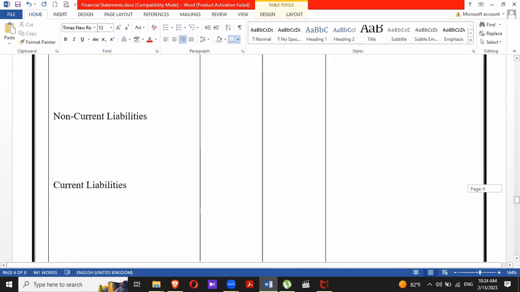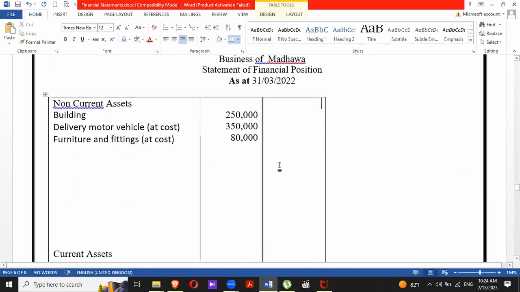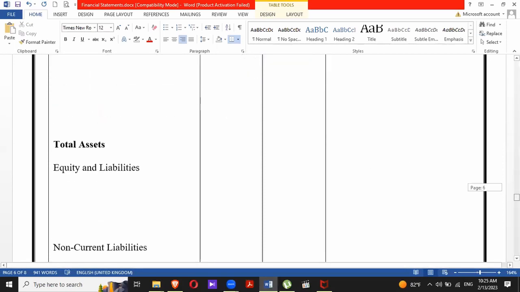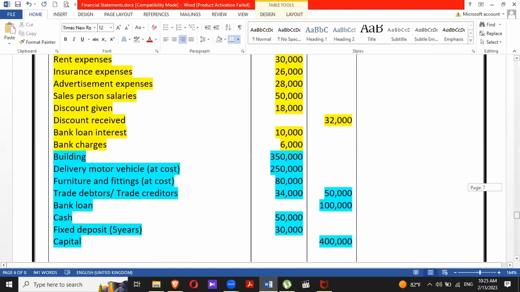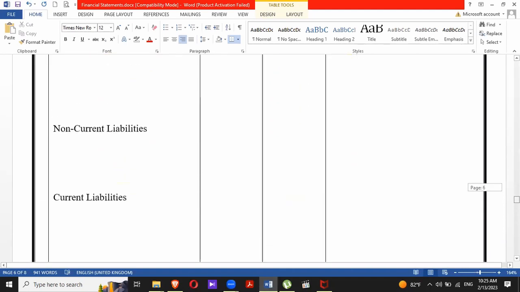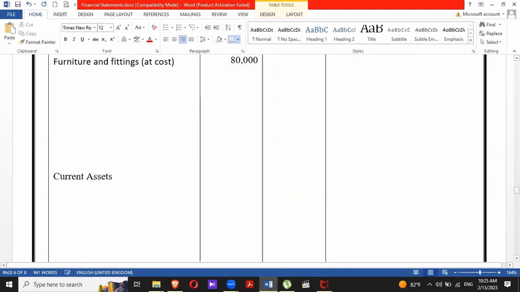Sorry, building value 350, delivery motor vehicle value 250, right? Next one. Trade debtors and creditors. Trade debtors 34, creditors 50. Trade debtors 34. Trade debtors come under current assets, right? Debtors.